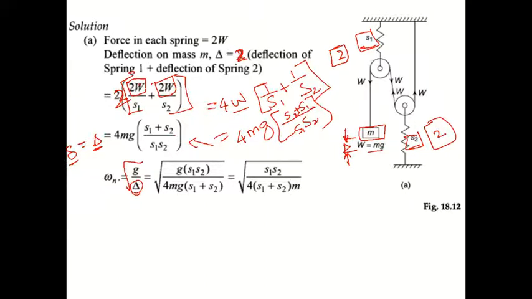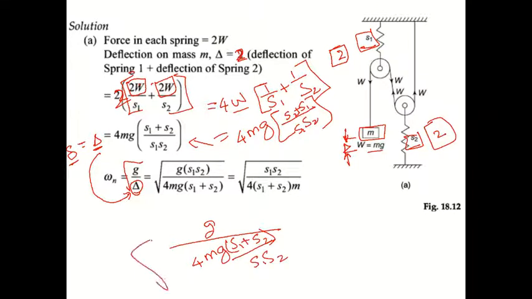Now put the deflection value here. Instead of deflection you can write: root of g divided by 4 mg into S1 plus S2 divided by S1 S2. They bring this S1 S2 up here.